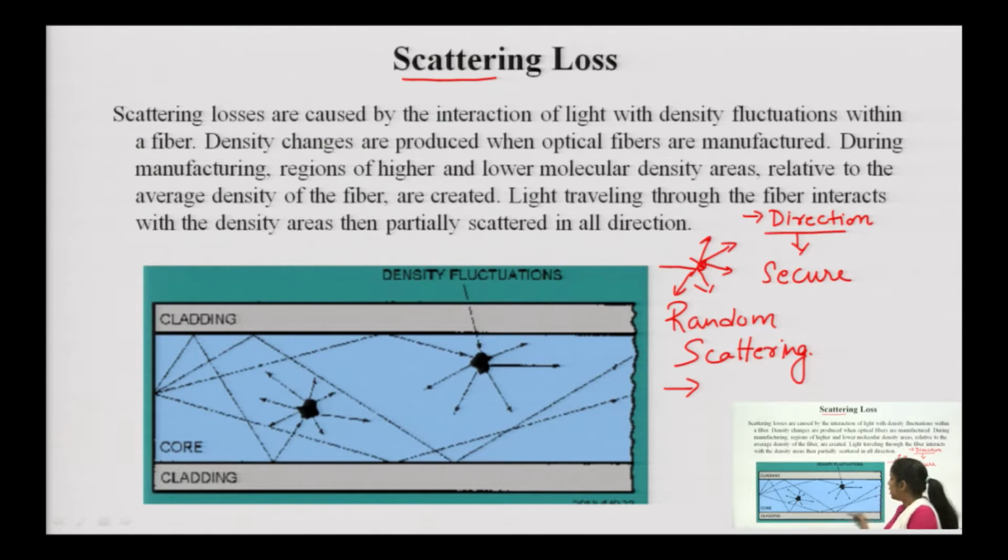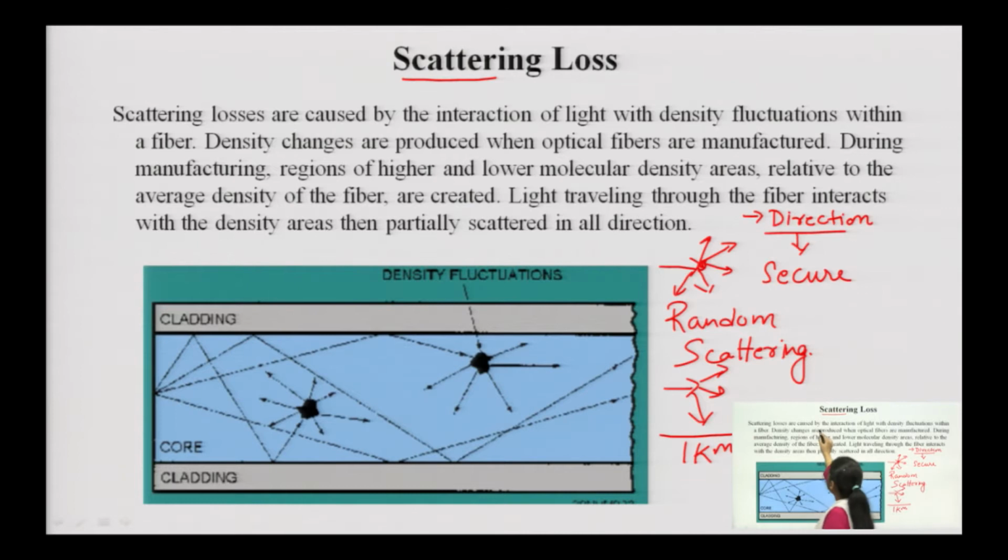Also, if it is designed to cover, for example, a distance of 1 kilometer, it will not be able to cover that; it will attenuate somewhere before 1 kilometer. So that is why it comes under the category of attenuation or loss in optical communication. Now, back to the scattering loss within optical communication.